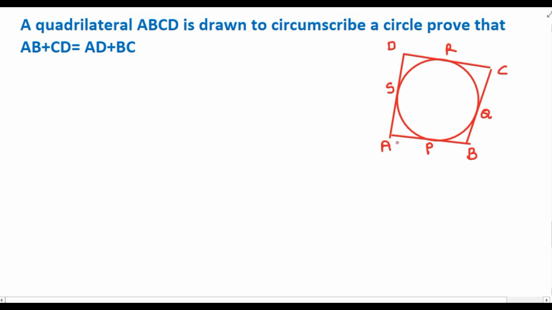So here I know AP is equal to AS because the lengths of the tangents drawn from an external point to the circle are equal.